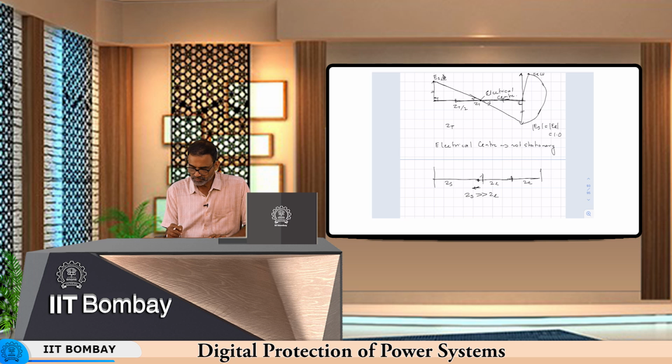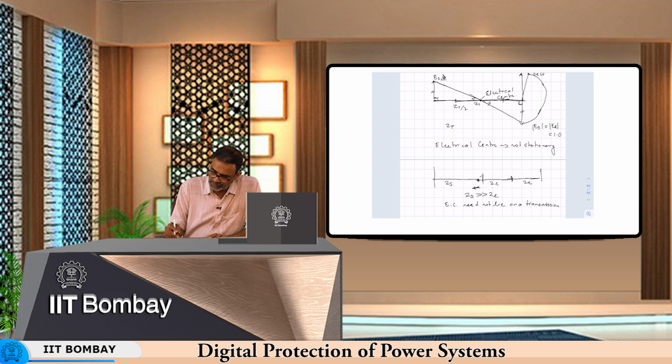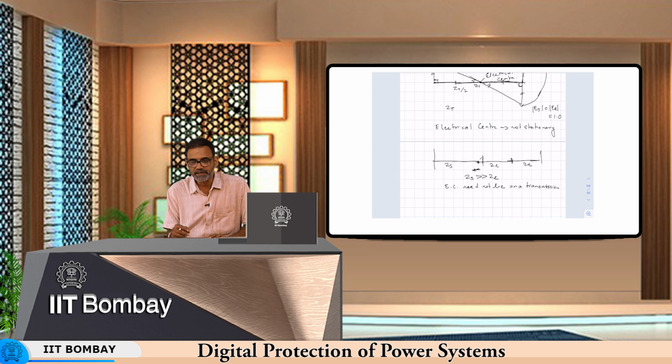So, what this point implies is that the electrical center, I am abbreviating it to EC, need not lie on a transmission line. It could lie on a generator, or say a generator and a transformer together. It could lie on the transformer also.